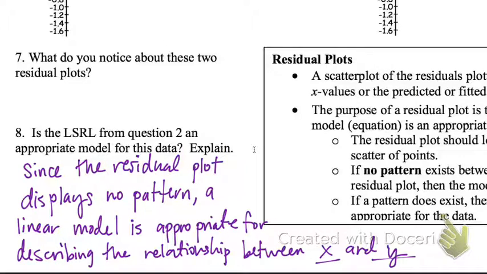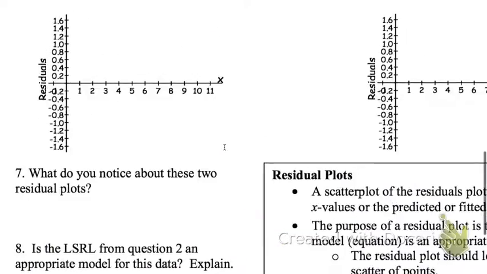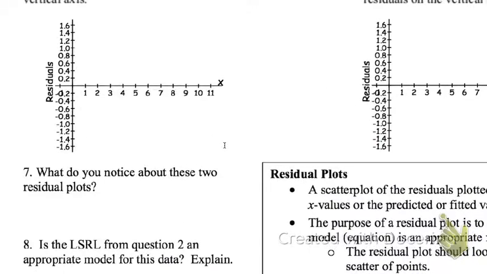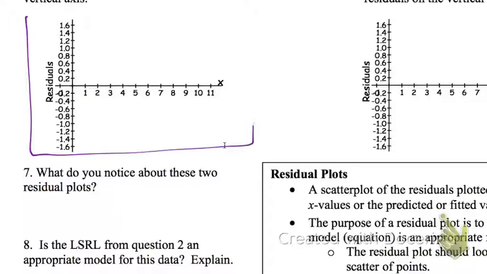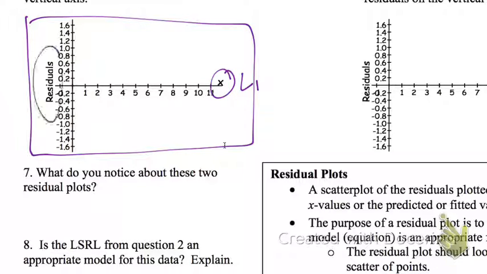Okay, so I want you to see the second graph on number 6. Normally when you're making your residual plot, 99.9999% of the time, we will use x, which is our L1, and then our residuals will be the y list.